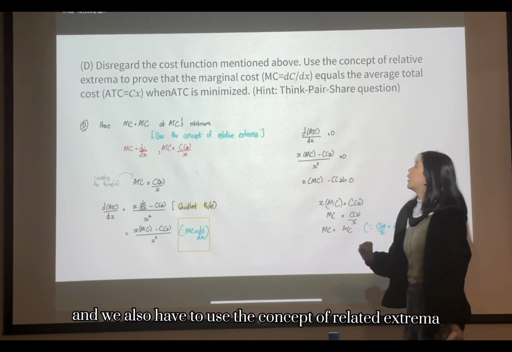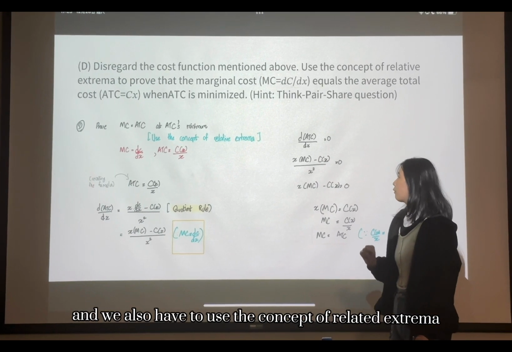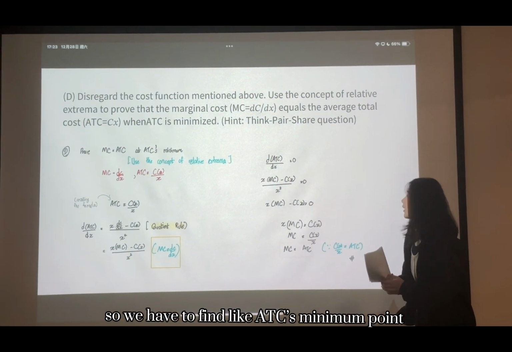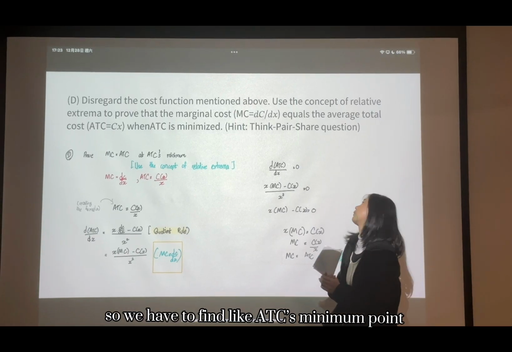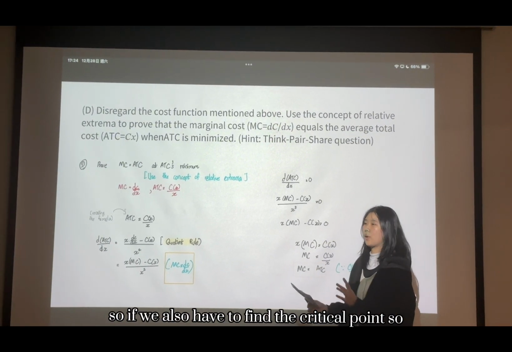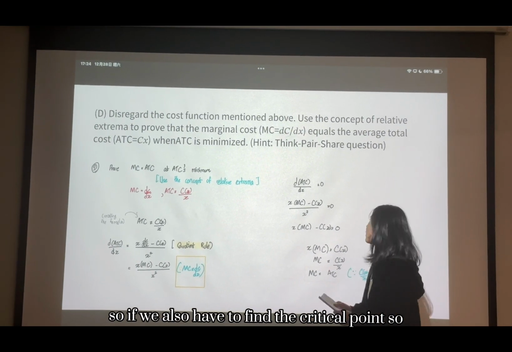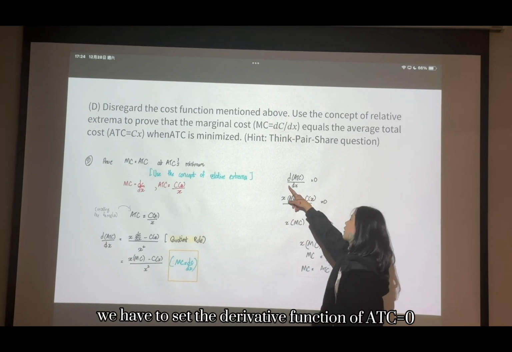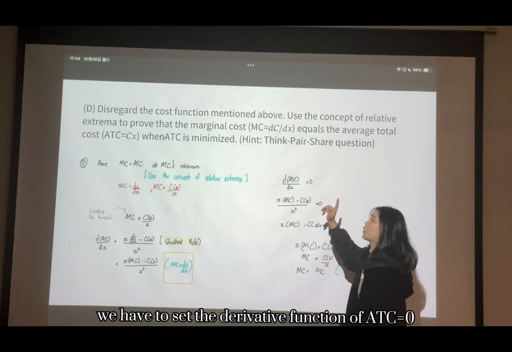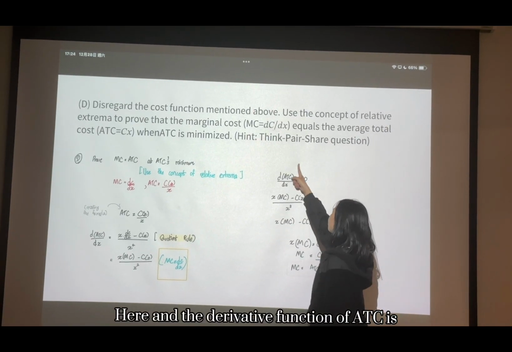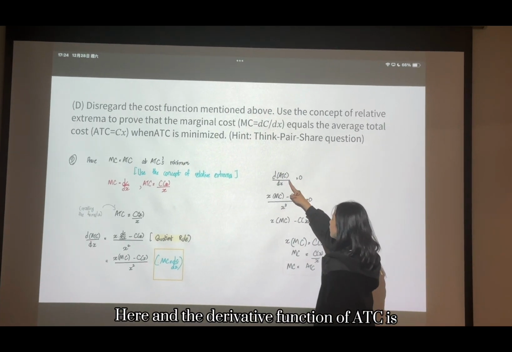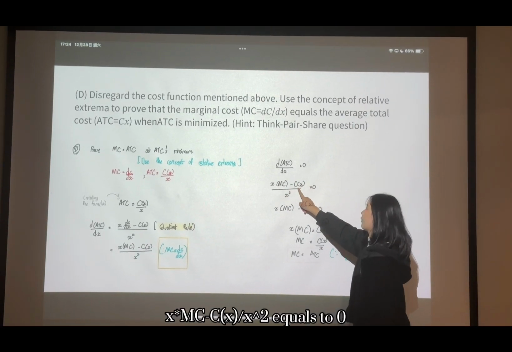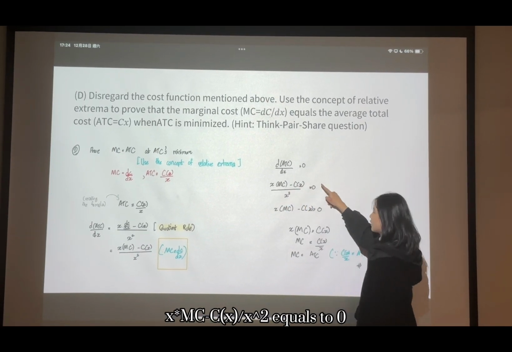And we also have to use the concept of relative extrema. So we have to find ATC's minimum point, or the critical point. So we set the derivative function of ATC equal to 0. The derivative of ATC is x MC minus C of x, over x squared, equal to 0.